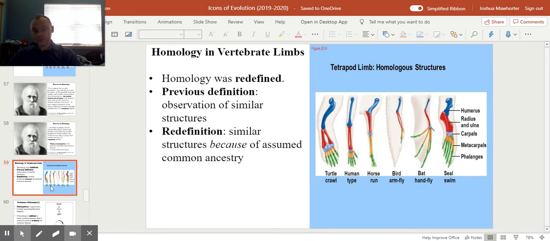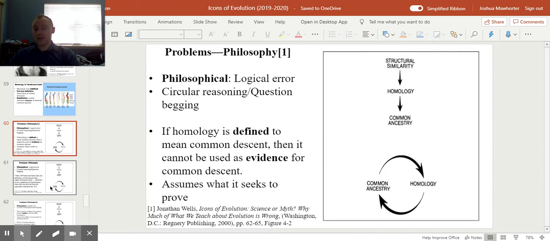Here's why. Because this is the next fallacy. It becomes circular reasoning. This is the logical error of circular reasoning or question begging. Now, when I say circular reasoning, I mean something that is viciously circular, something that assumes what it seeks to prove. Or it's also known as the logical fallacy of question begging. People say that all the time mistakenly. They say, well, this begs the question or that begs the question.